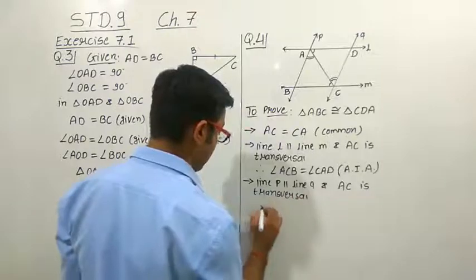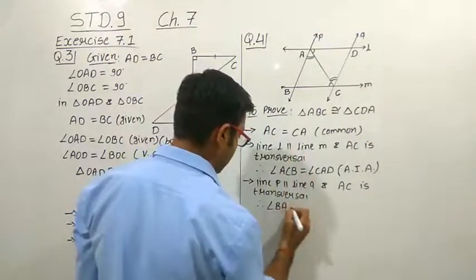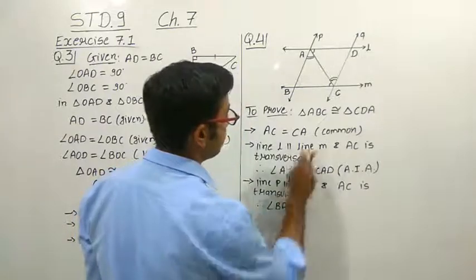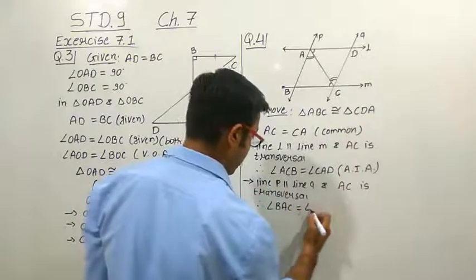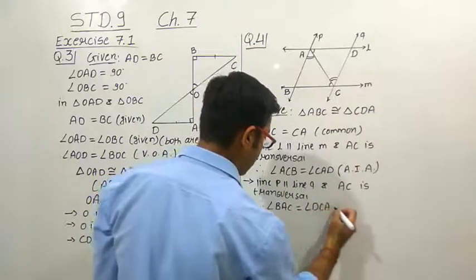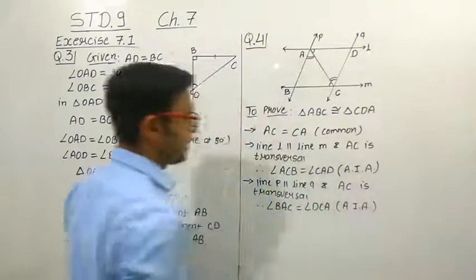So we can write that angle BAC will become equal to angle BCA. Again the reason is alternate interior angles.